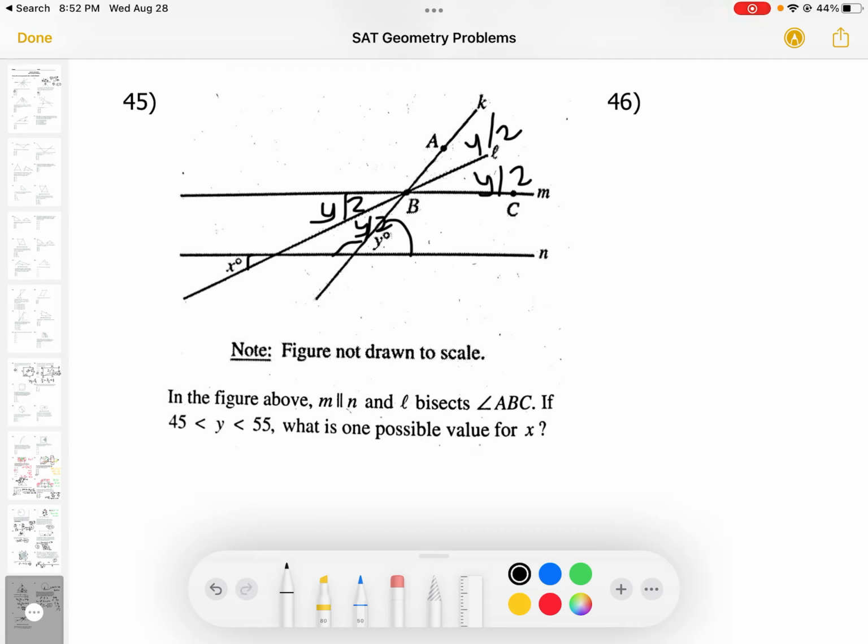And this angle, that's just 180 minus y. Let me actually redraw this triangle to make my point clearer. This triangle. It's obtuse, hold on.